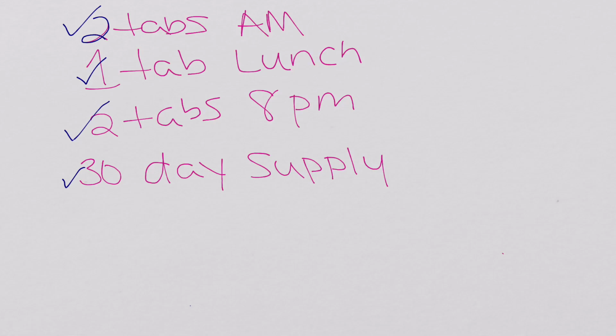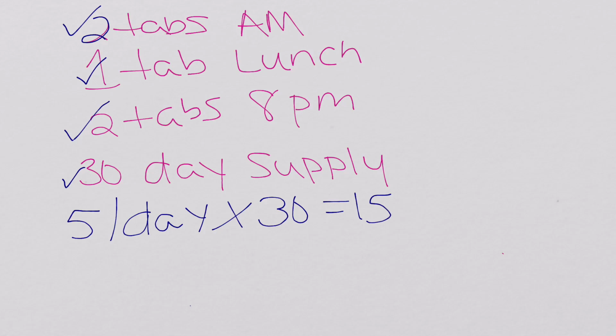So part A is asking us how many tablets would be dispensed. So we first need to figure out how many they're taking per day. So they're taking 2 in the morning, 1 at lunch, 2 at 8, so 5 tablets per day. And then if they need a 30-day supply, multiply that by 30, and that is 150. So that's how many tablets we would dispense.